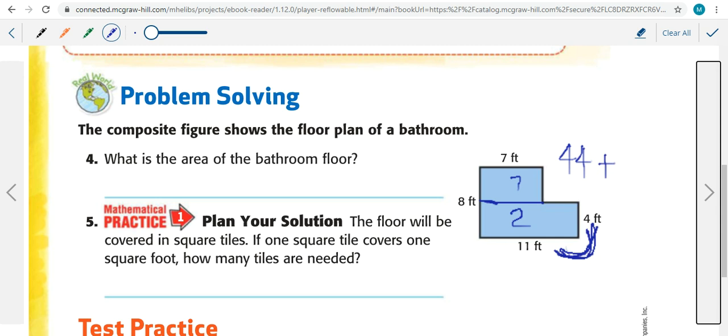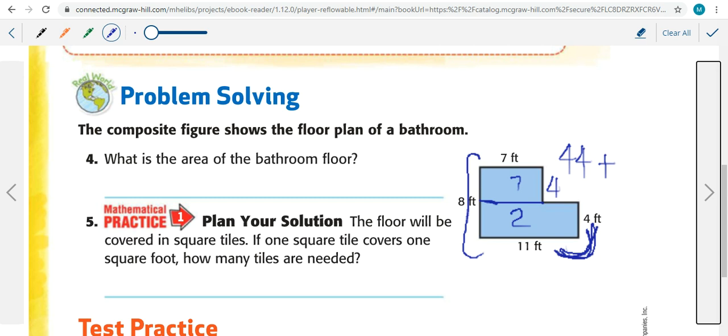Now, rectangle number 2 is telling me that the length is 7, but we do not know the width. But we do know that the whole width is 8. But we know that one part of this figure is 4. So that means that this part is 4. Why?